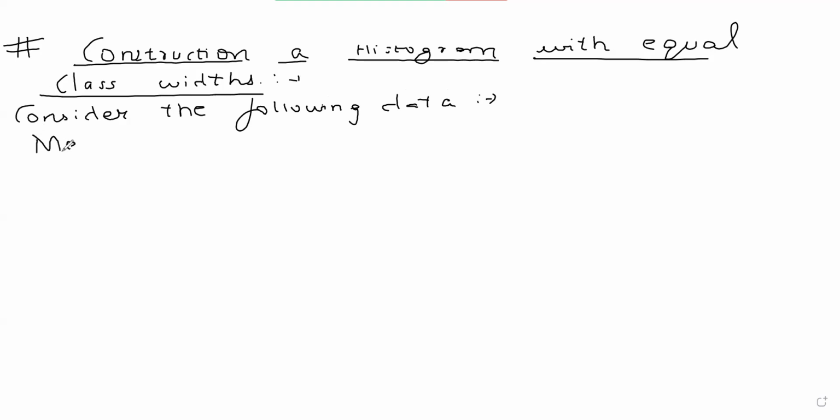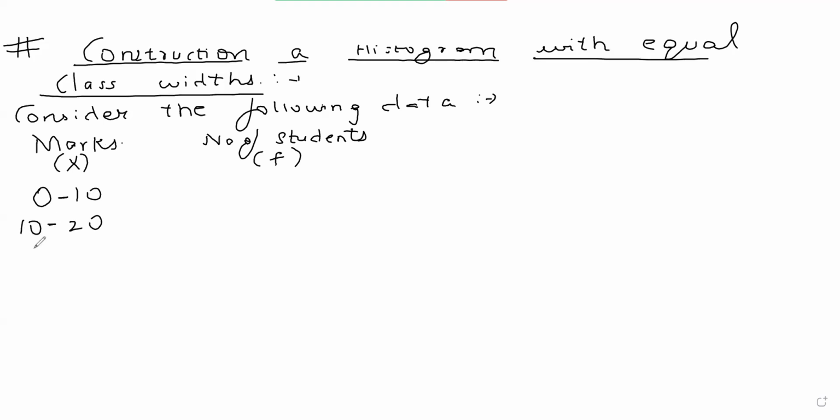where we are given hypothetically marks, which is my random variable X, and we are given the number of students. Number of students is my frequency denoted by F. Let's say the marks are given by the class intervals from 0 to 10, 10 to 20, 20 to 30, 30 to 40, and 40 to 50.